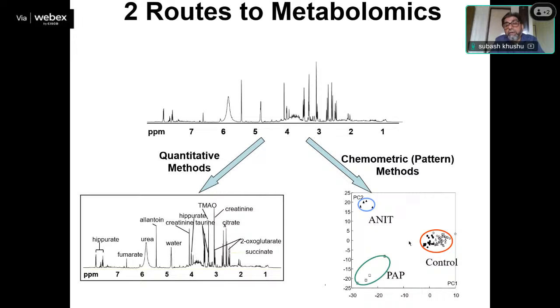So if they are exposed to, suppose, heat stress for a longer time, then you can see two different clusters compared with the healthy volunteers. So this is basically a pattern method where these samples can be classified as per the changes in the metabolic levels due to external factors.